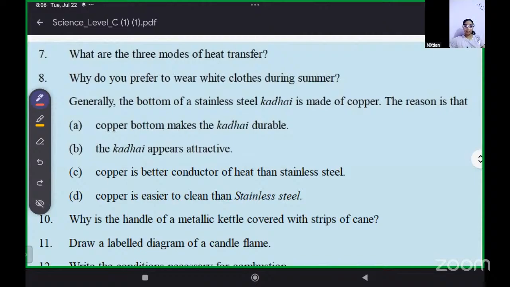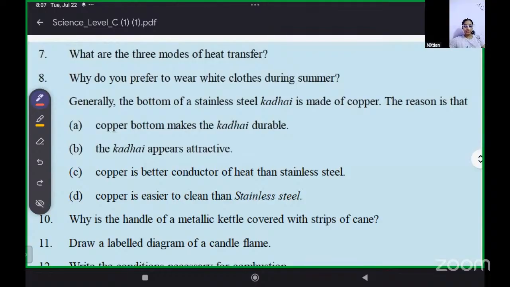Ma'am, conduction. Convection, conduction, and Abraham, third one, radiation. Good. The three modes of transfer of heat are conduction, convection, and radiation.